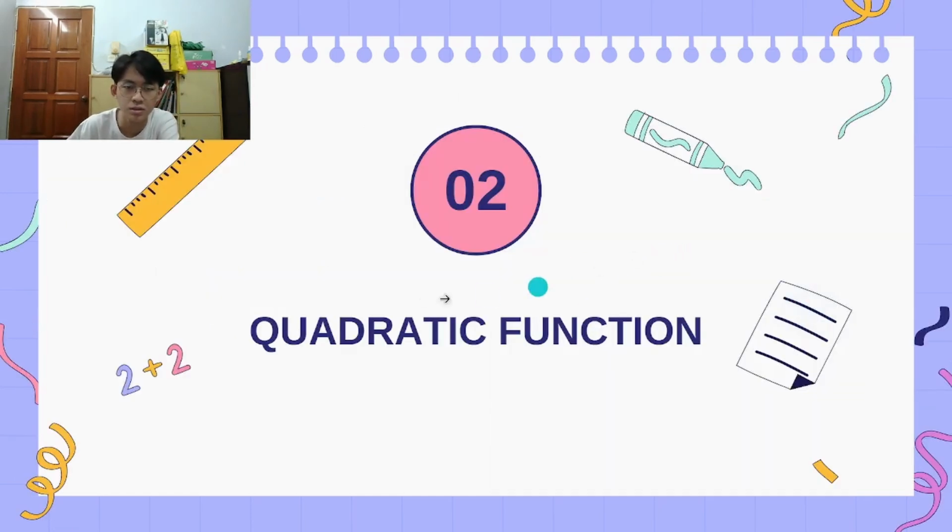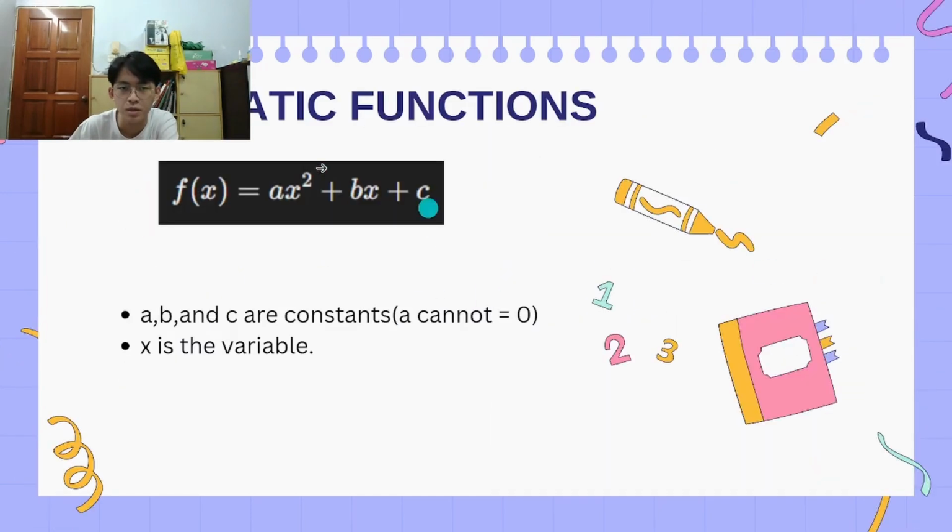The second is quadratic function. A quadratic function is written as f(x) equals to ax squared plus bx plus c, and a, b, and c are constants, and a cannot be equal to 0 because if a equals to 0, then the quadratic function will become a linear function.